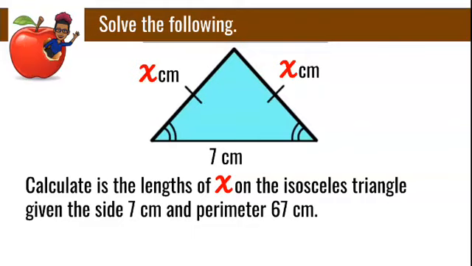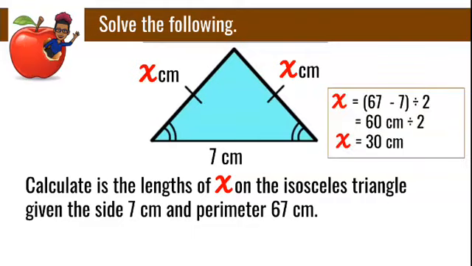And we have our perimeter of 67. So here we go. Perimeter 67 minus the length that we're given, divided by 2. 67 take away 7, we have 60 centimeters. That 60 centimeters has to be divided by 2, because that's the sum of both equal sides added together. So we divide them equally by 2.